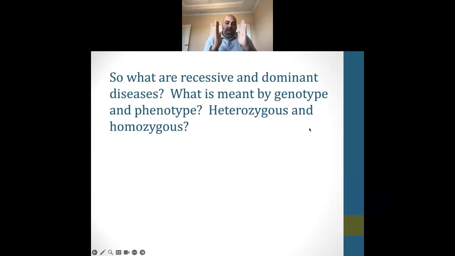All right. So recessive and dominant diseases. Recessive diseases, the parents both must be carriers. If they're both carriers and they each pass on that gene, the offspring can have the disease.